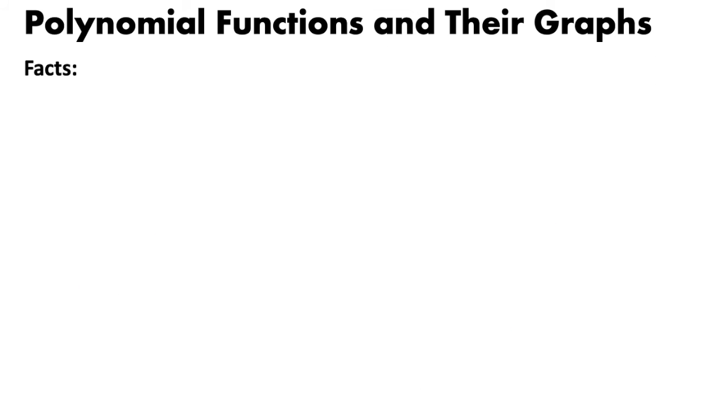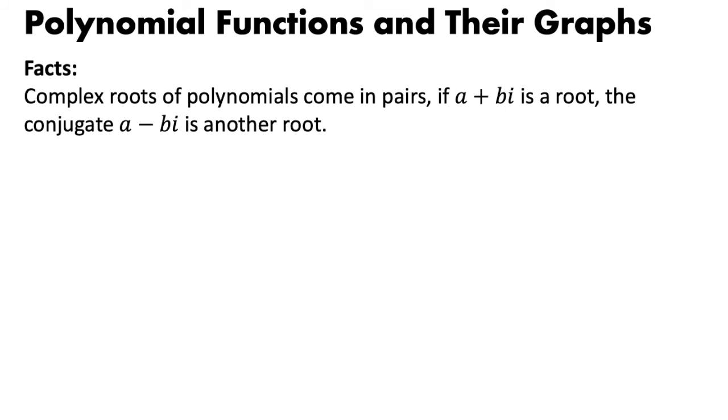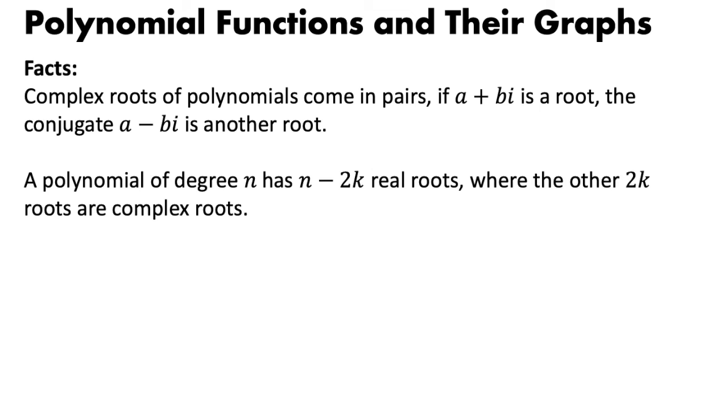Here are some facts about polynomials. Complex roots of polynomials come in pairs. That is, if a plus bi is a root, then the conjugate a minus bi is another root. A polynomial of degree n has n minus 2k real roots, where the other 2k roots are complex roots. So for example, if the degree is 6, there are 6 roots.